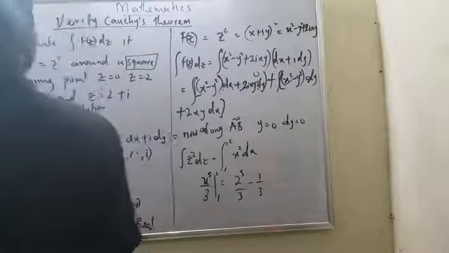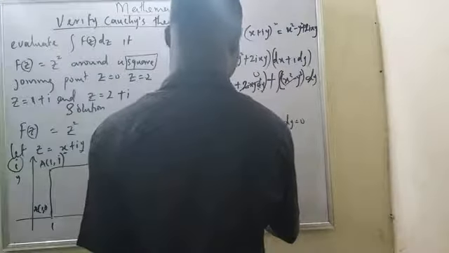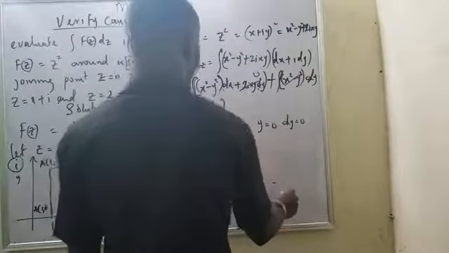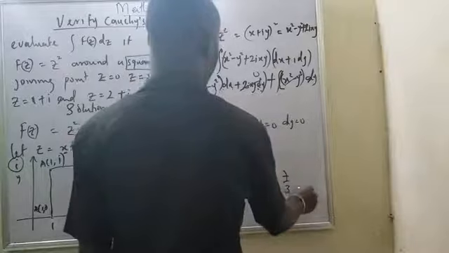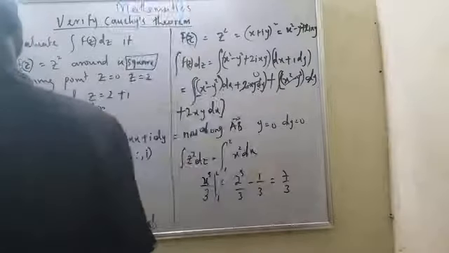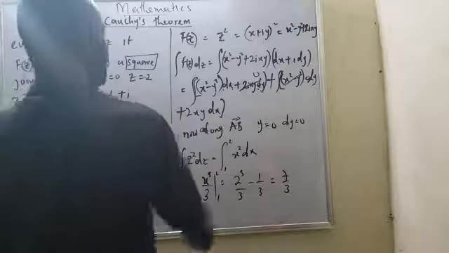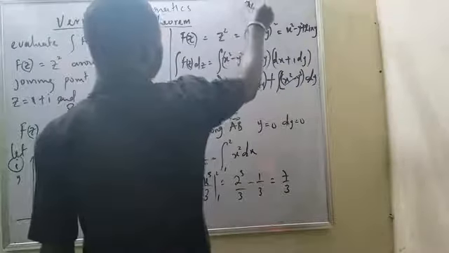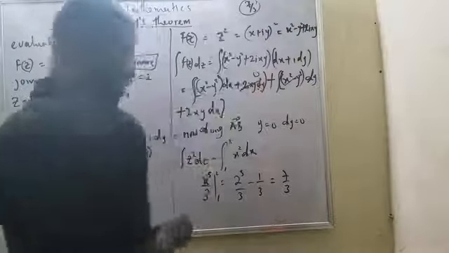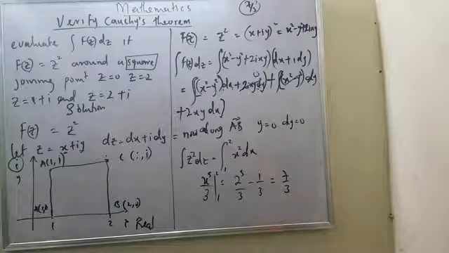Now I'll be having 8 minus 1, which is going to be 7 all over 3. So the first one will be 7 all over 3. Take note of that. Now I'll move on to the next one.